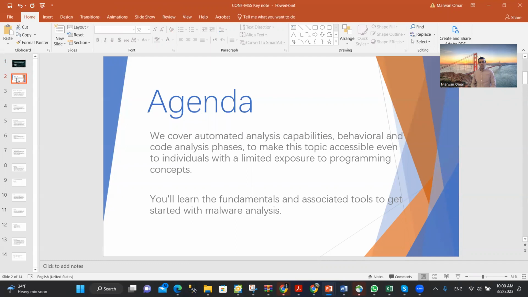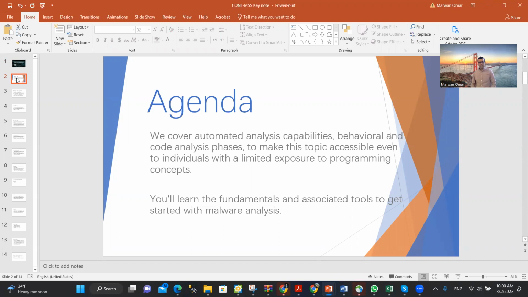And here is our agenda. So what we are going to learn in this talk is that we are going to cover automated analysis capabilities of malware. So the big picture here is reverse engineering malware. We want to be able to understand how malware is authored, and when business organizations are faced with cyber attacks that involve malware, which is common these days, how do we handle the situation?